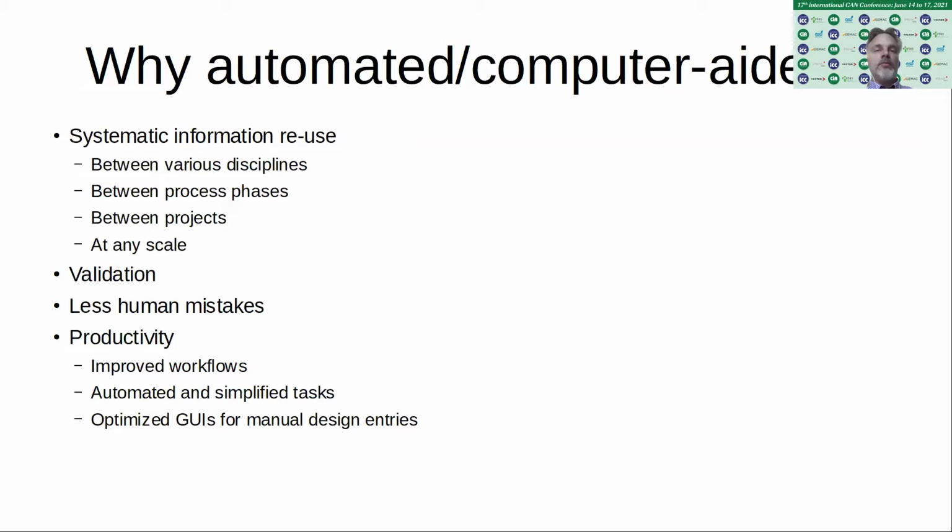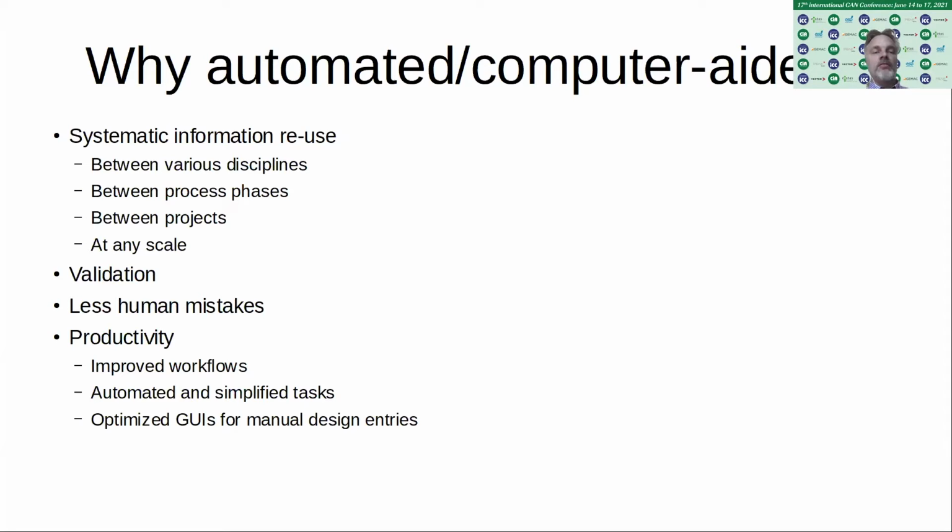There we have brought automated or computer-aided design into the picture, because during this system design, there are possibilities for systematic information reuse here and there. And information should be reusable because there is certain key information which is shared among different disciplines, or let's say adjacent process phases are using the same information.